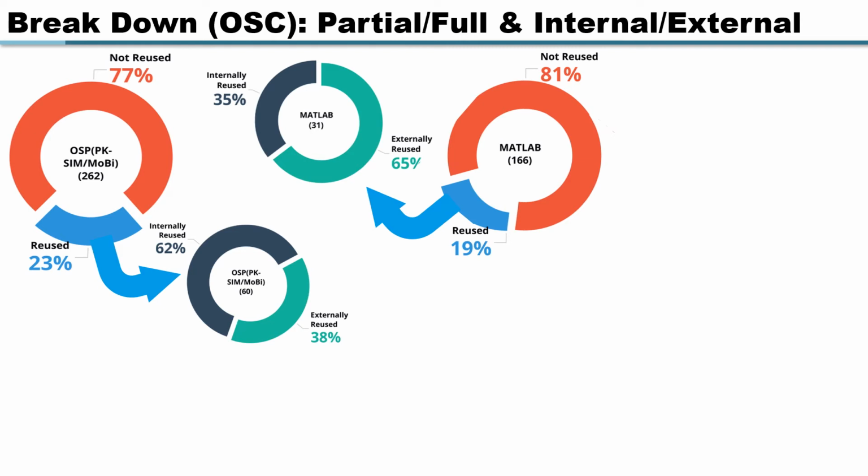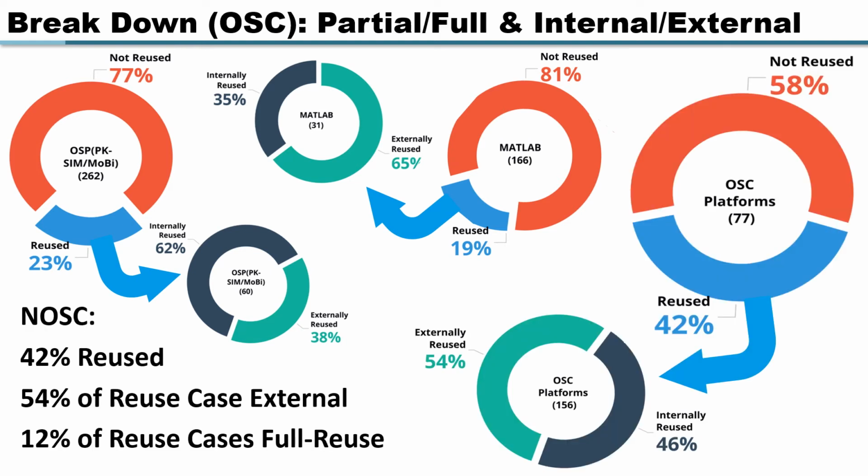When we put all the open source code platforms together, this is the picture. The numbers are summarized: 42% reused, 54% of the reuse cases were external, and 12% of the reuse cases involved full reuse.